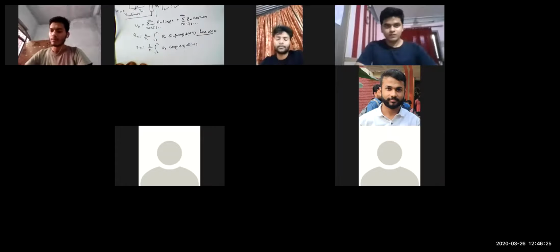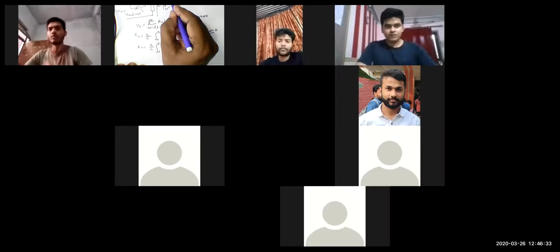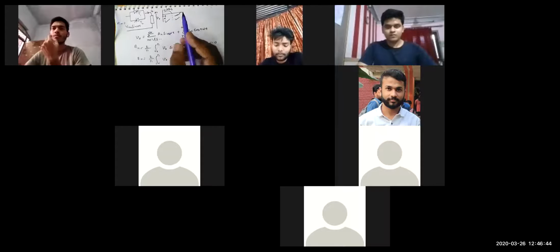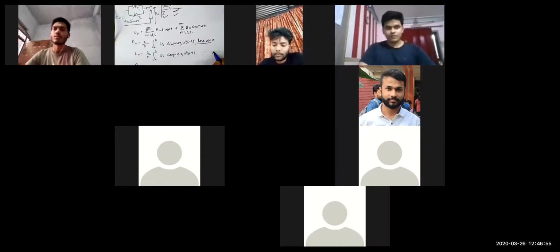Okay. Now this angle is alpha. Output voltage, this is V output, is available from alpha to pi. So An has to be changed like this. You can write V output is equal to Vm sin omega t for how much duration?